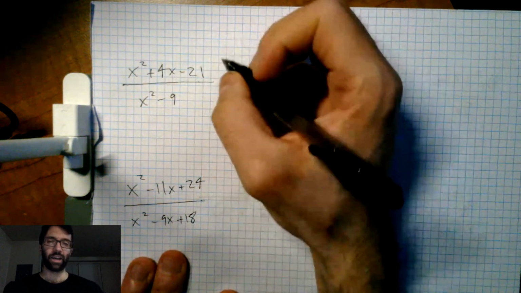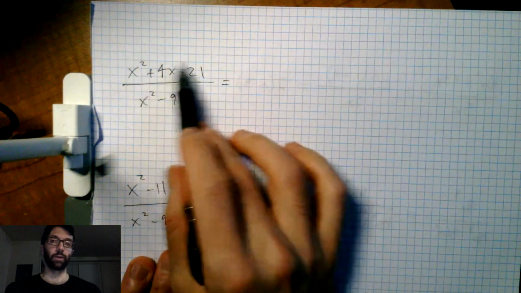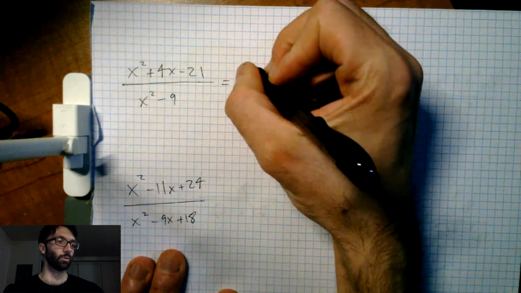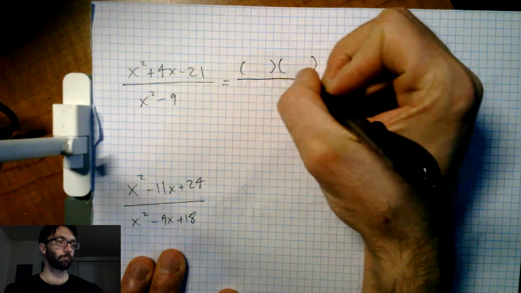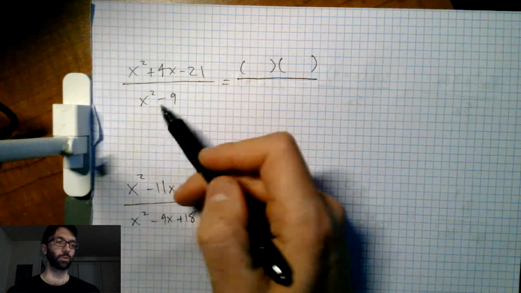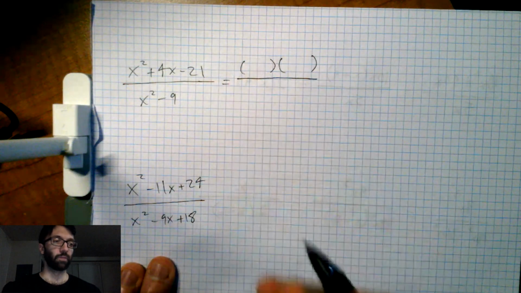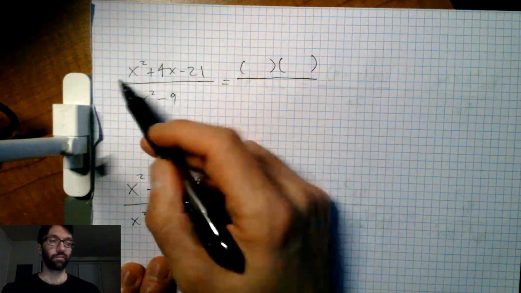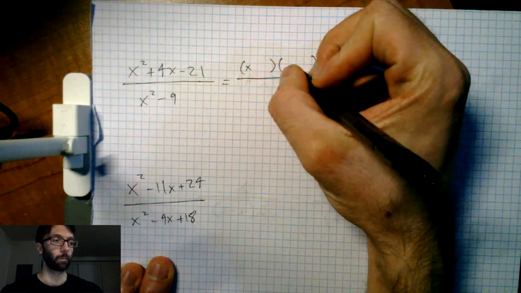So I can't factor out a GCF, but what I can do is factor this trinomial into a product of binomials. Again, I'm ignoring the denominator for now, just looking at the numerator. I'm going to assume you have some familiarity with factoring trinomials here, so I'm going to move through this a little bit quickly.